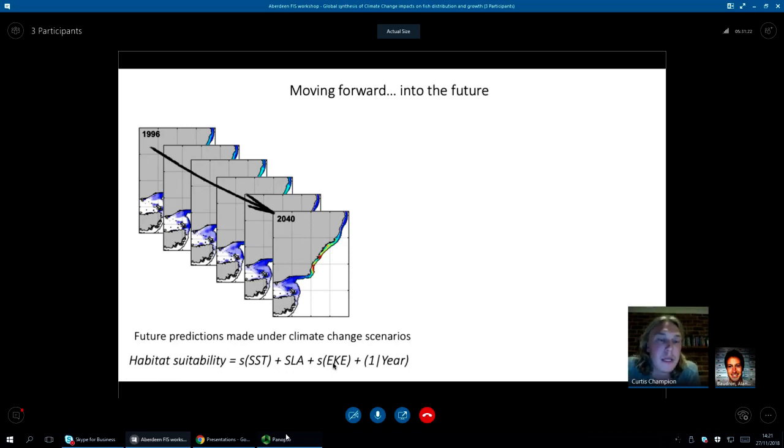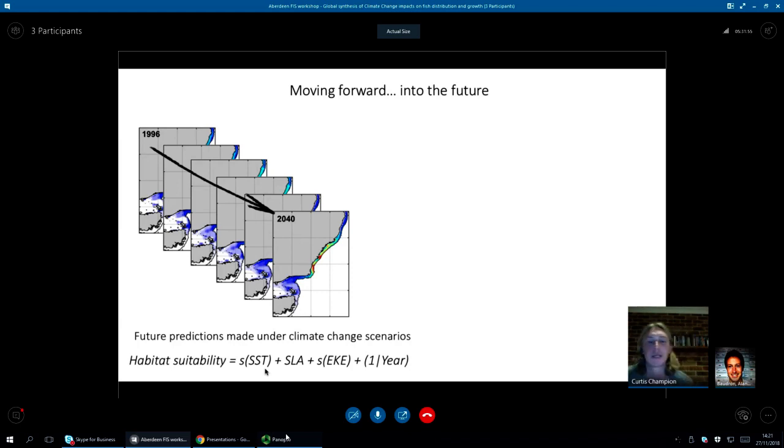So one of the limitations of future forecasts of habitat models has simply been the availability of predictor variables, and 5 to 10 years ago, most habitat forecasts into the future were simply based on sea surface temperature alone. Improvements in oceanographic modelling now mean that we do have future forecast variables like sea level anomaly and eddy kinetic energy, and we can start to now build up more accurate habitat suitability models for future forecasting purposes.